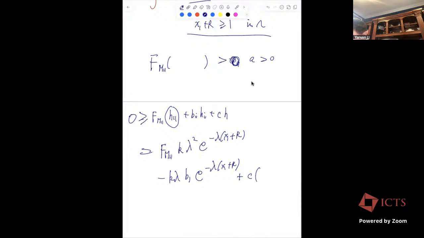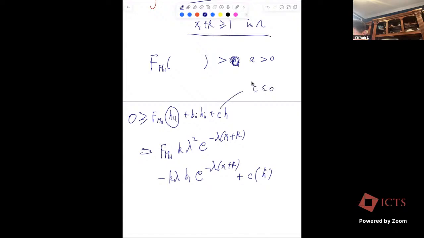H, minus, wait a minute, H minus H0. But the C should be less or equal than 0.